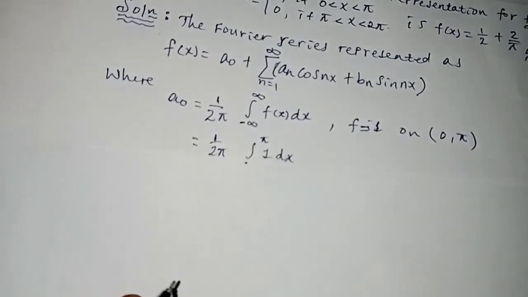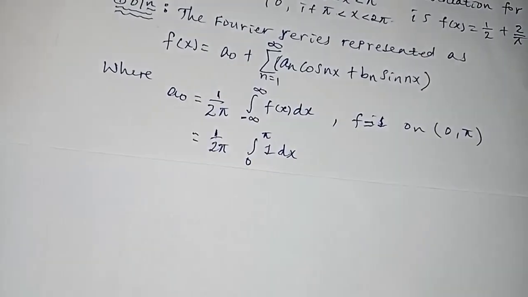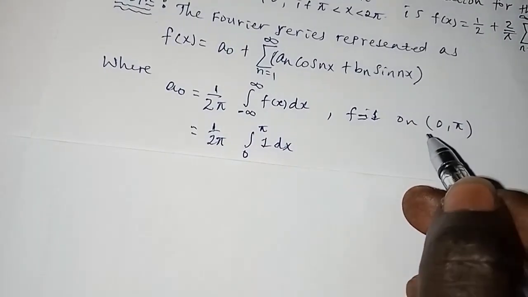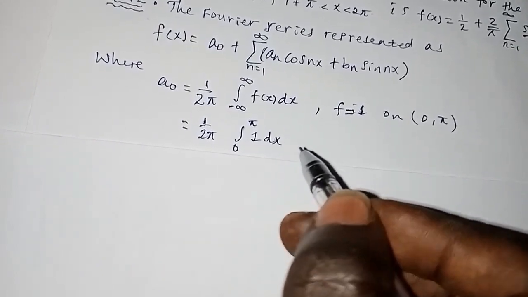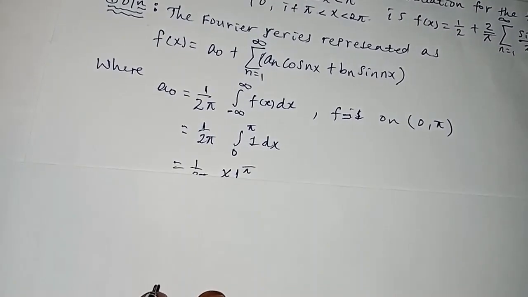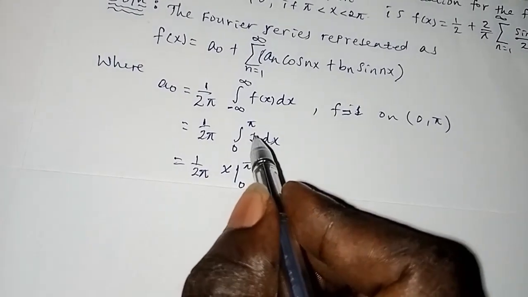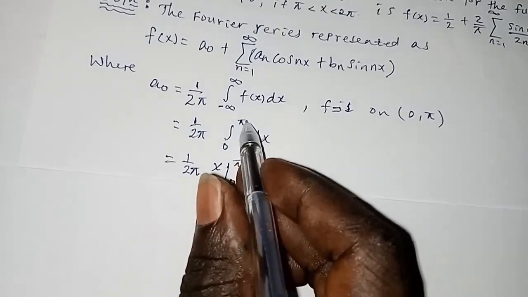Then we can solve: 1 over 2 pi, the integration from 0 to pi of f of x, which is 1, times dx. The integration of 1 dx is x from 0 to pi.